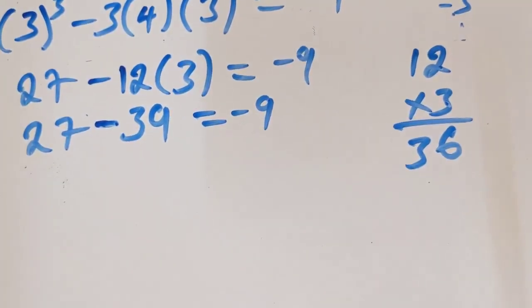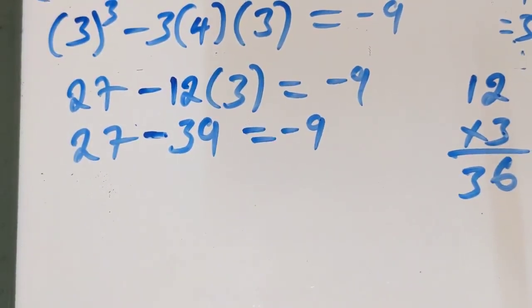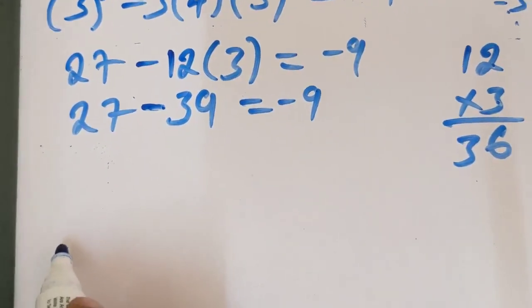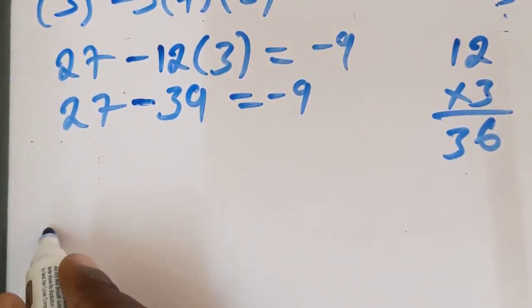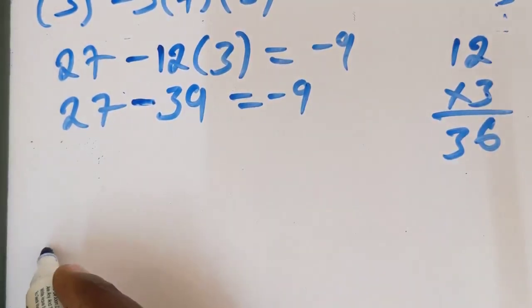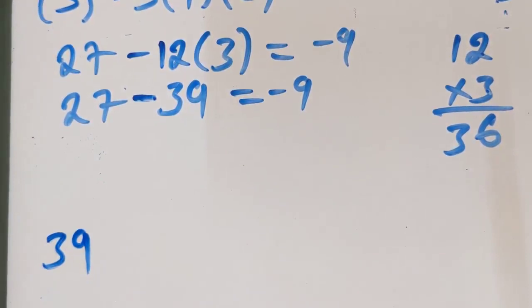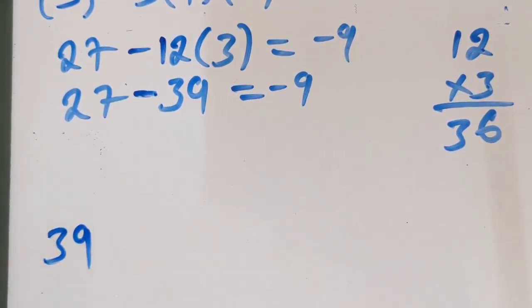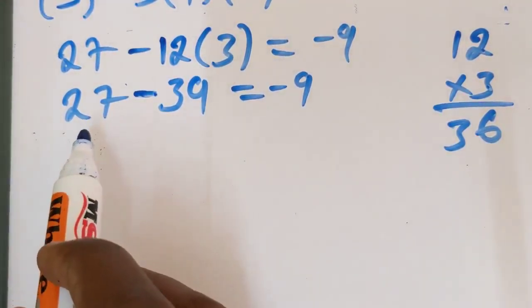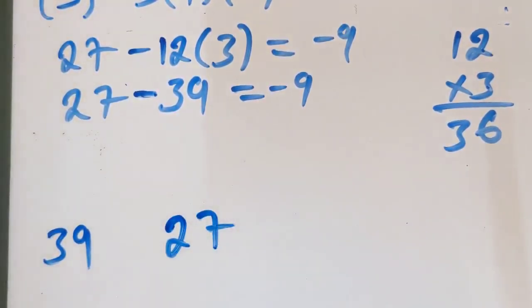When you're subtracting a bigger number from a smaller number, you get that bigger number and put it on the left side, which is 39. Then that smaller number, put it on the right hand side, which is 27.